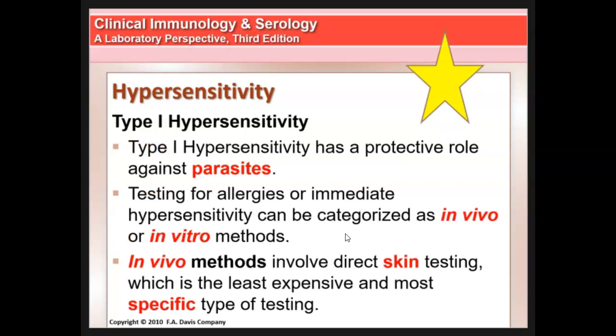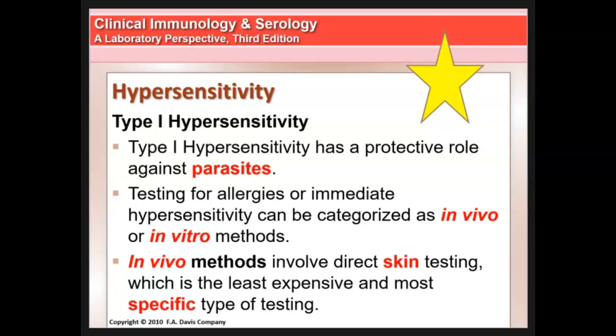Type 1 hypersensitivity has a protective role against parasites. So I told you the protective roles were important to remember. Testing for allergies or immediate hypersensitivity can be categorized as in vivo, which means in the body, or in vitro, which means in the lab. In vivo methods include the direct skin testing, which is the least expensive and most specific.